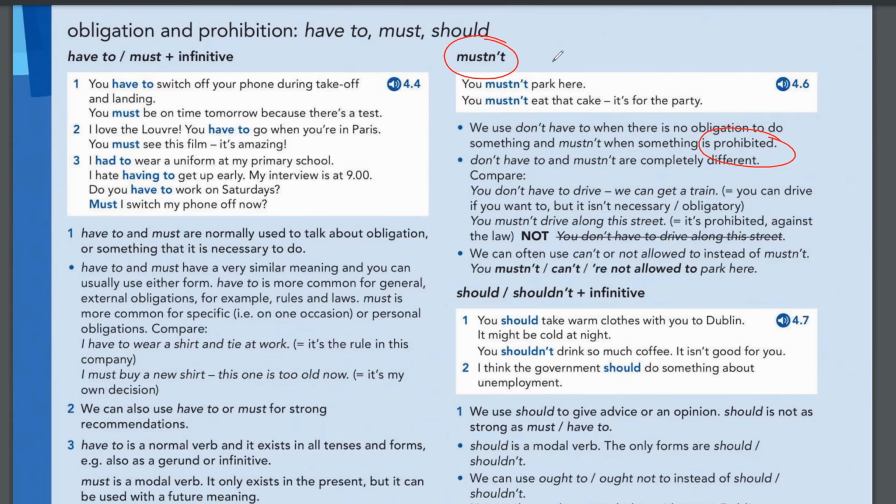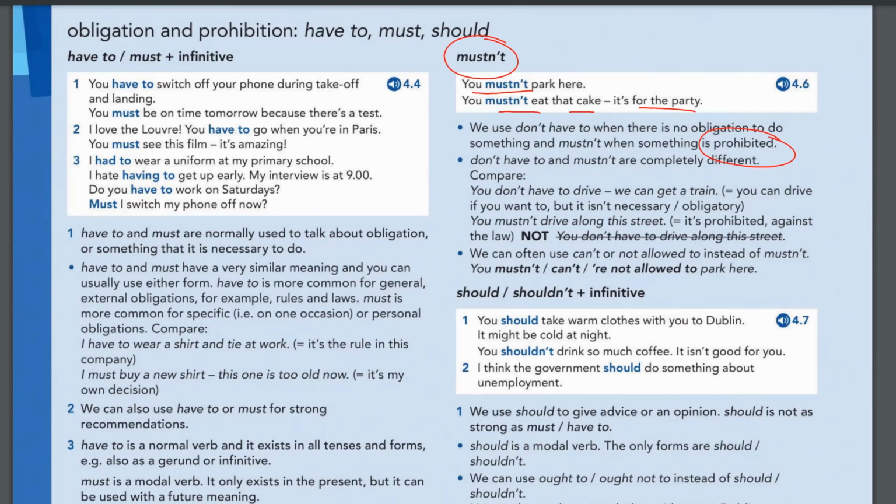But when I say mustn't, now it is not your personal opinion anymore. So when I say you mustn't park here, it means you are not allowed to park here. It is a rule. So it is a rule not to do something. You mustn't eat that cake. It's for the party. We're keeping it for the party. So you mustn't eat. You're not allowed to eat. That is the meaning of mustn't. So it's prohibited. You are not allowed.